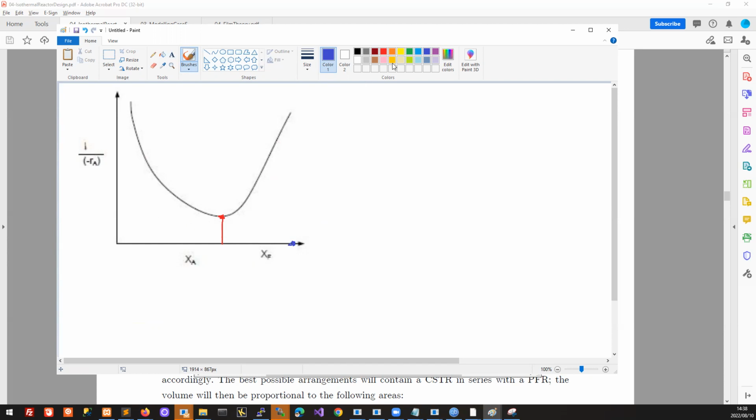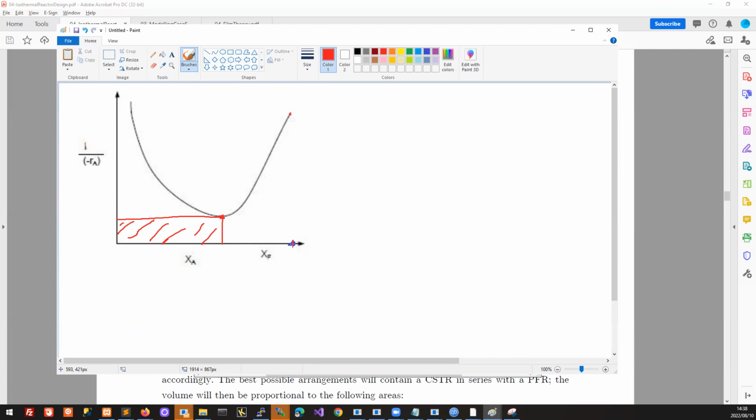The smallest volume for us to use won't be to use a PFR first. If we use a PFR first, you can see we have to go full area under the curve. Whereas if we use a CSTR first, then we can get away with this small volume here. And then we don't want a CSTR here, right?